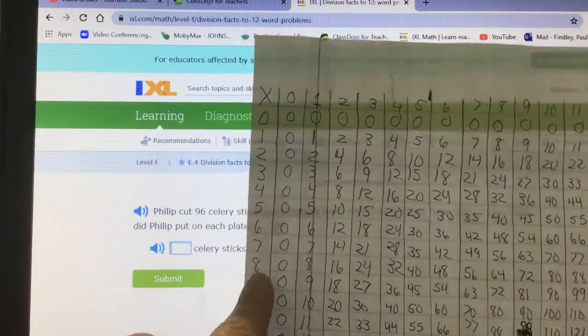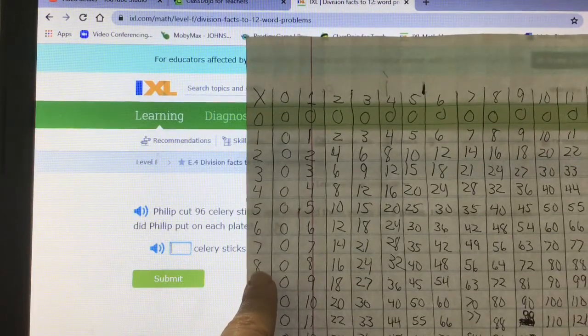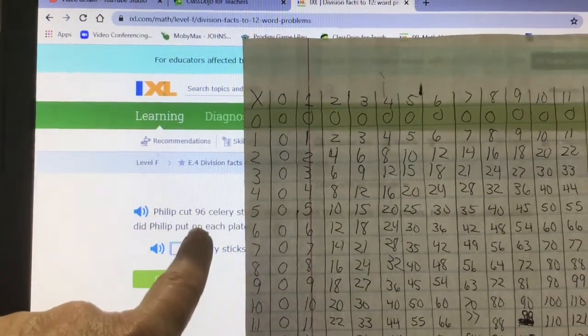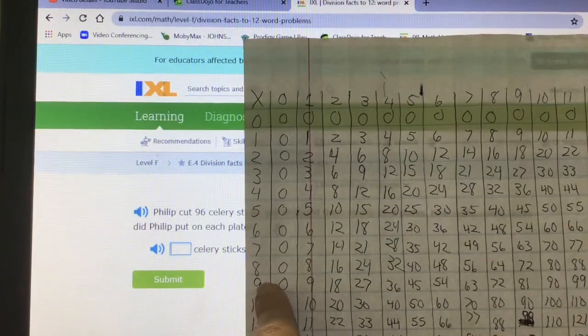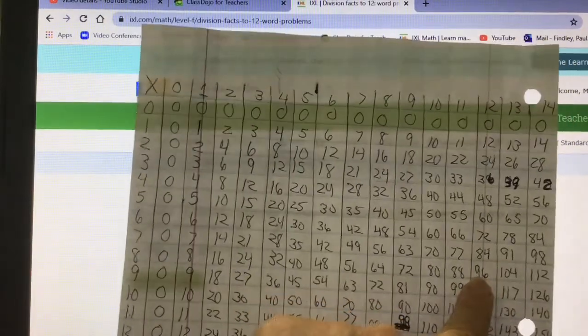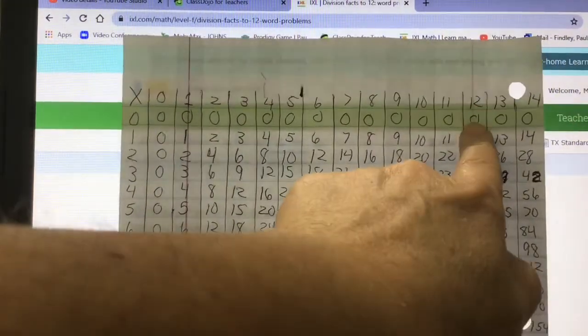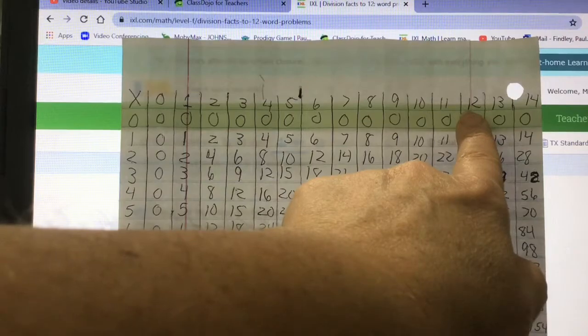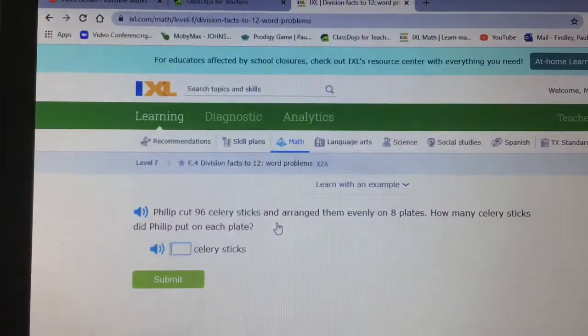And instead of cookies, we've got celery sticks. So we're on row 8 for the 8 plates. Go across until you find the 96 celery sticks. There they are. And then you go straight up. That means we're going to be putting 12 celery sticks on each plate.